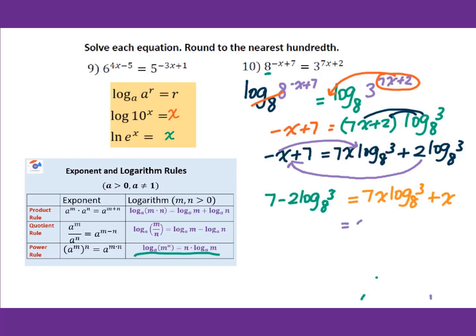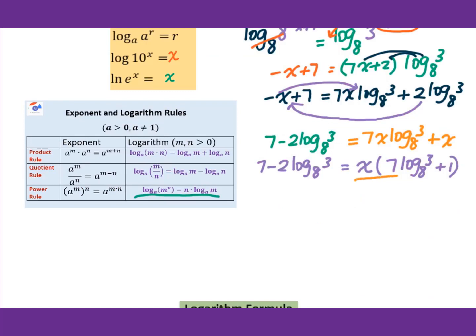Then we need to factor x on the right side. We got x times 7 log base 8 of 3 plus 1. Then we got 7 minus 2 log base 8 of 3. Then we divide by 7 log base 8 of 3 plus 1 on both sides.